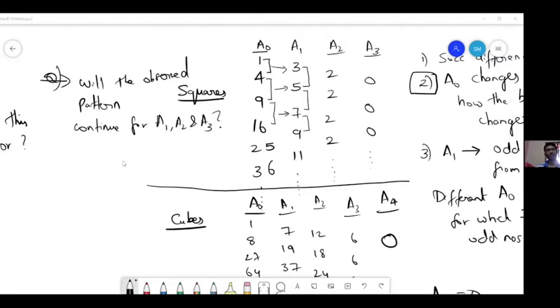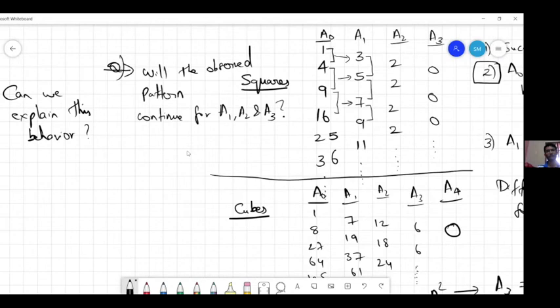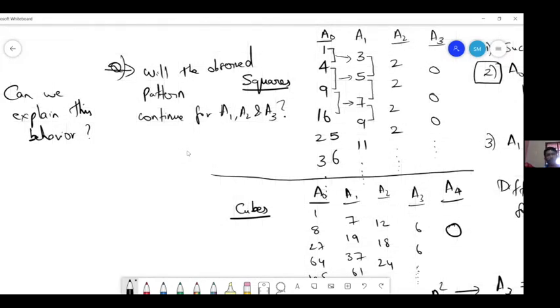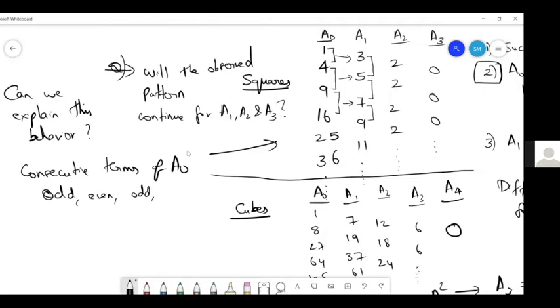Mega Ma'am has made an interesting observation that the consecutive terms of A0 alternate: even, odd, even, odd, and so on.